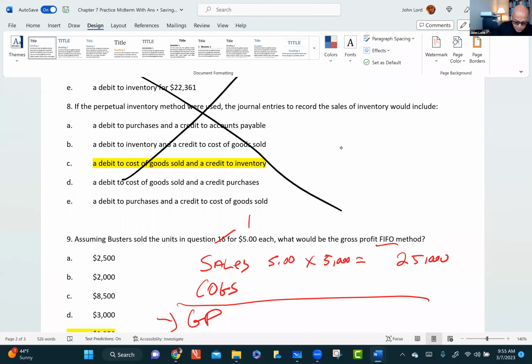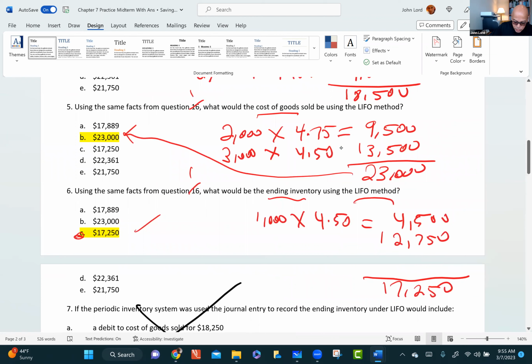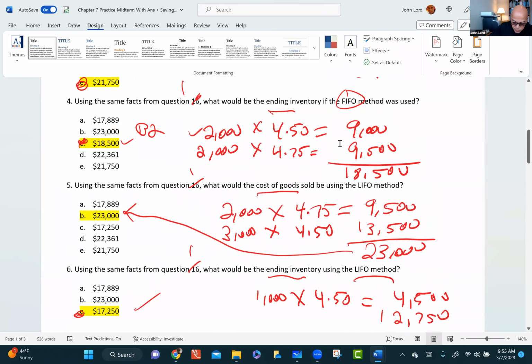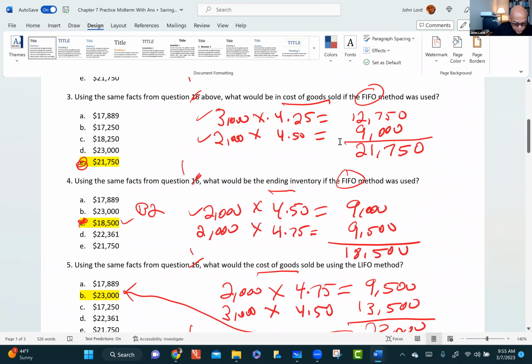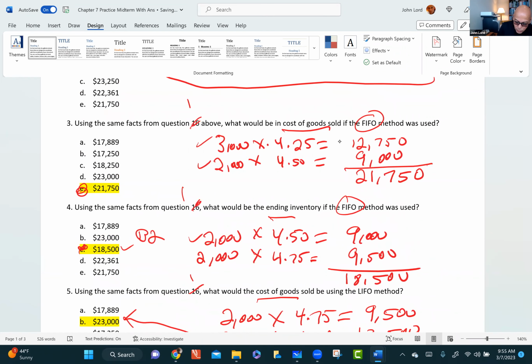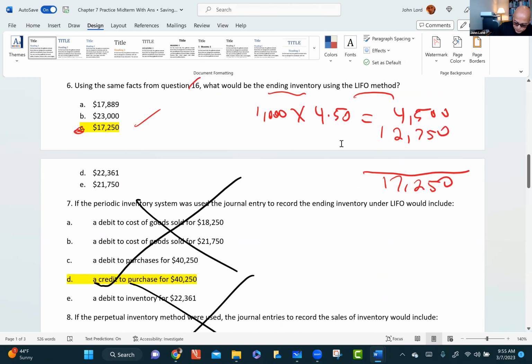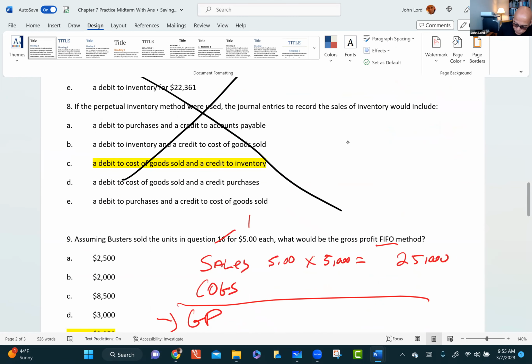So I have to go back up and look at what the cost of goods sold was under FIFO. The cost of goods sold that I calculated up there under FIFO was 21,750. So I'd pull that 21,750. And 25,000 minus 21,750, notice I do nothing in my head, is 3,250.